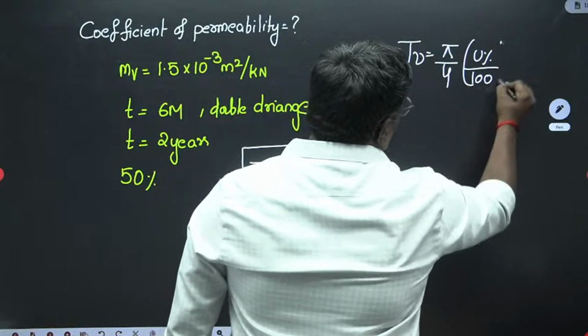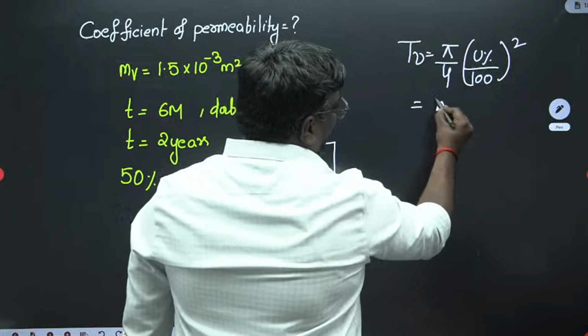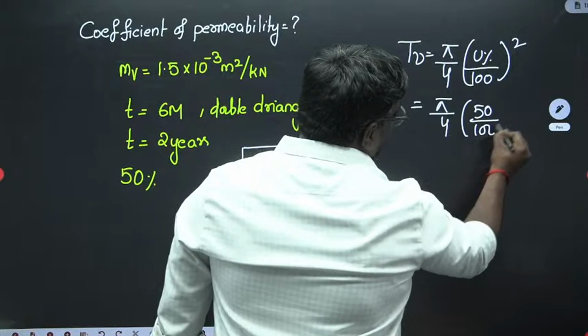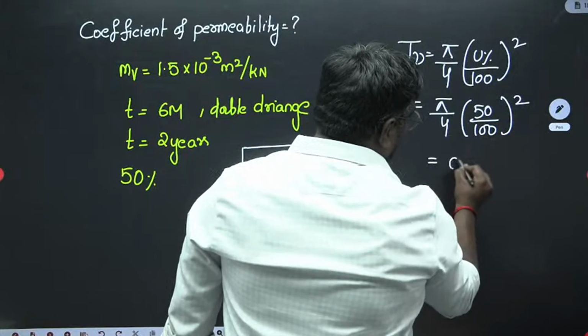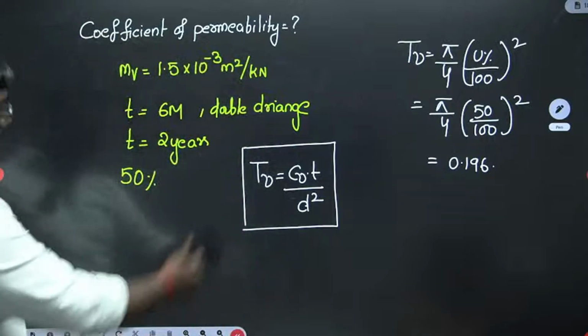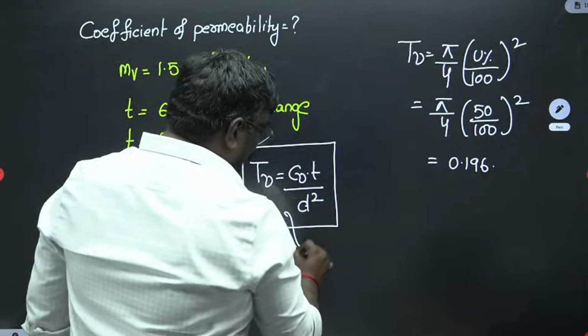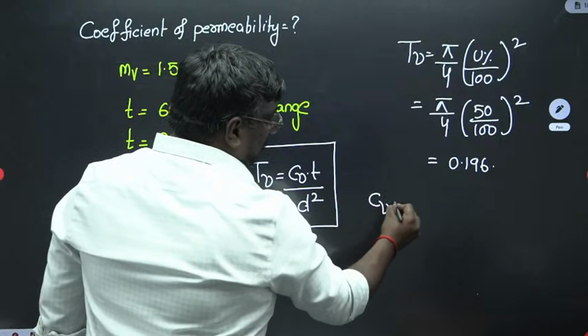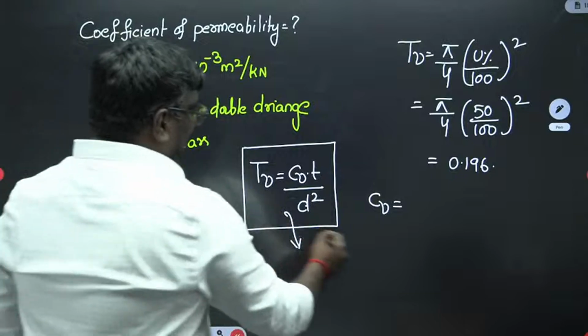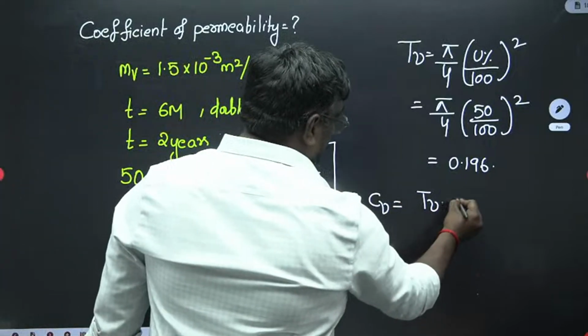This is the formula for the time factor, and they have given us 50, so 50 by 100 whole square. If you solve this, you will get a value of 0.196. So Tv is equal to 0.196. Now from this equation, we will find the value of Cv. Cv can be written as Tv into d square upon time t.